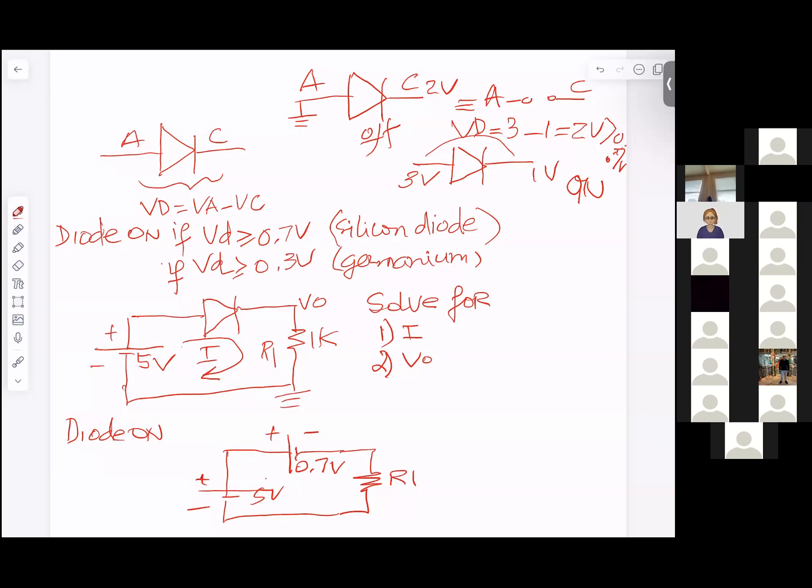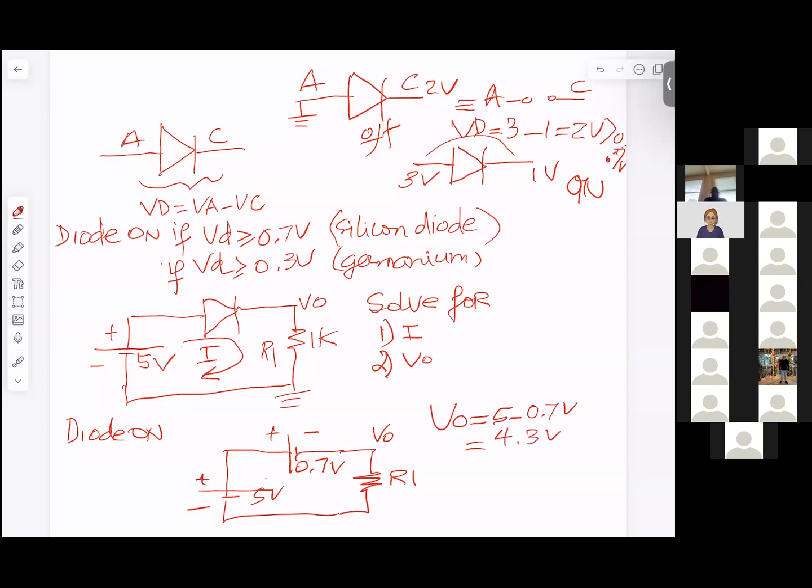Okay, so now you can see V out equals the difference between 5 volt and 0.7 volt connected in series. 5 minus 0.7 gives you 4.3.